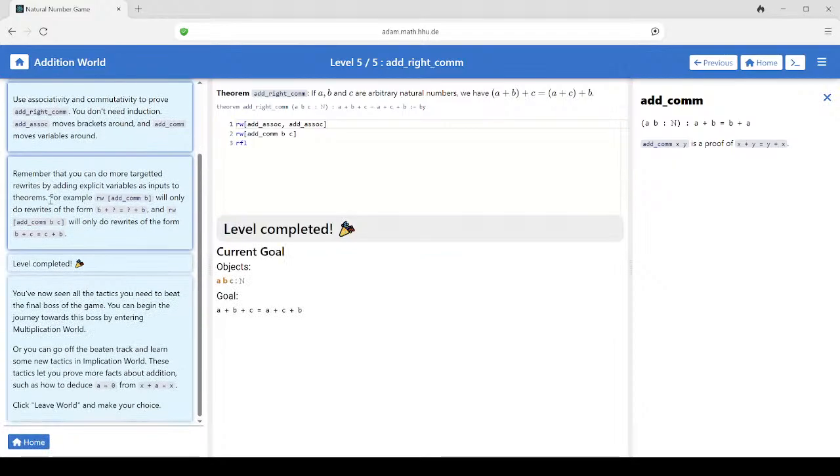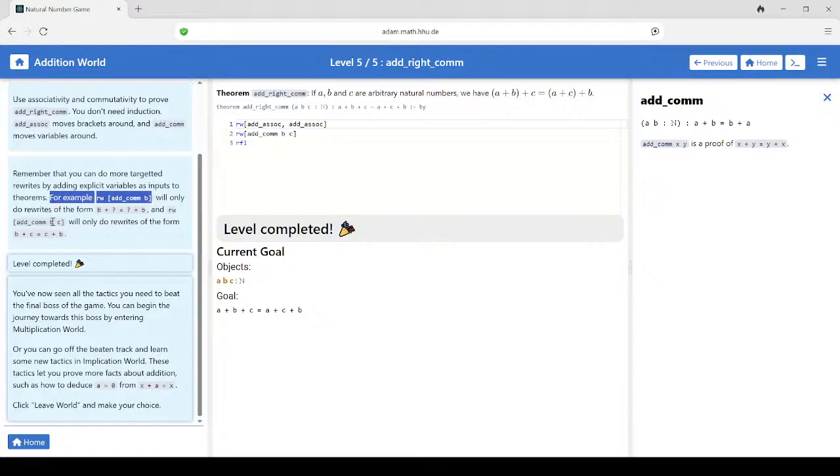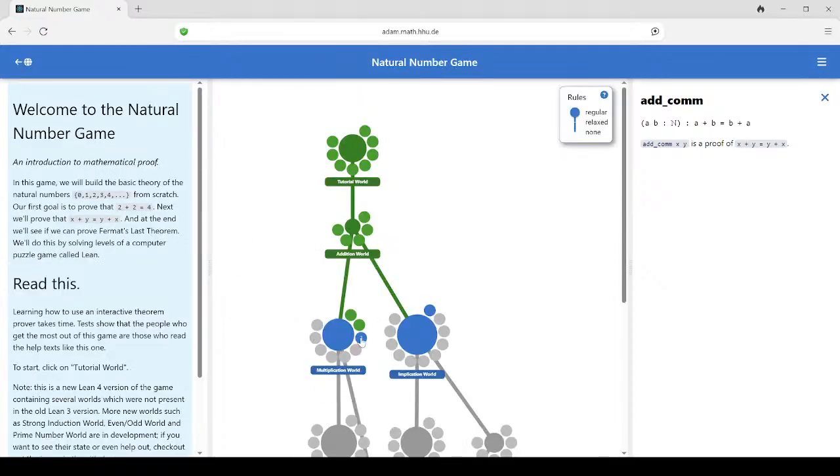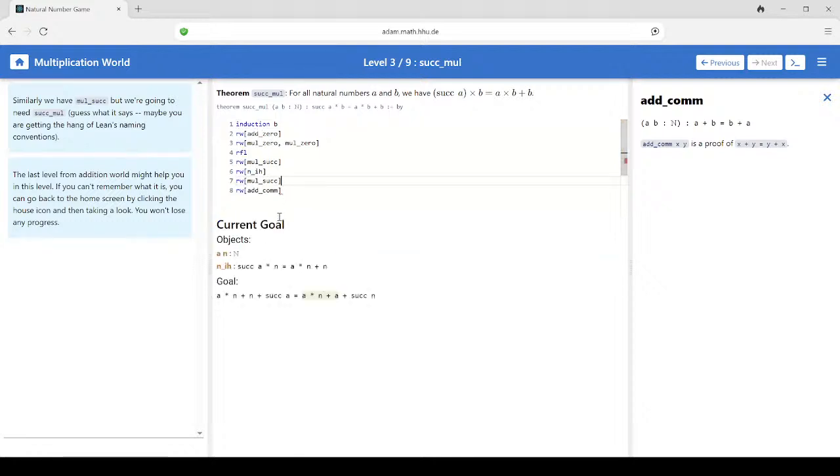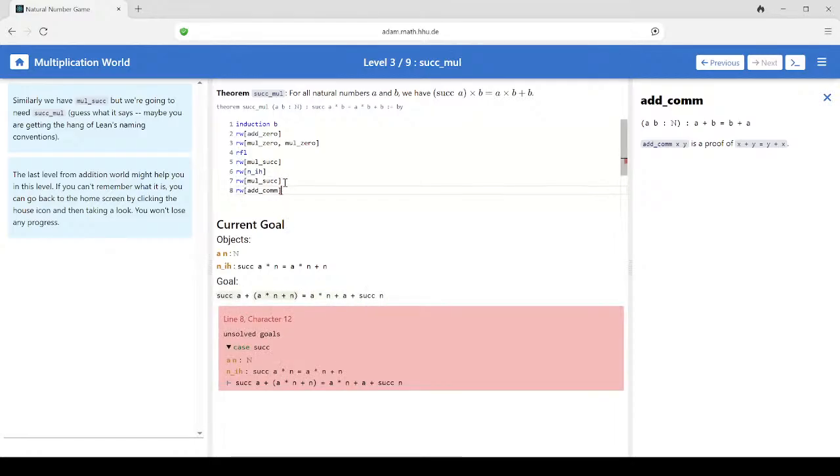For example, rewrite add commutative b will only do rewrites with b's in them. So I only want to change the... actually that doesn't really help me.